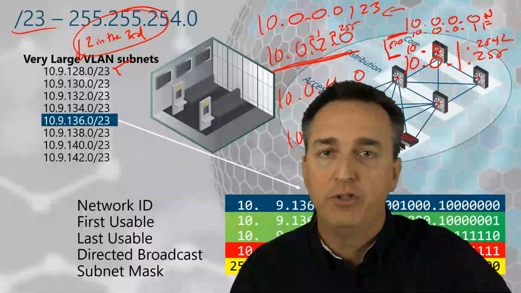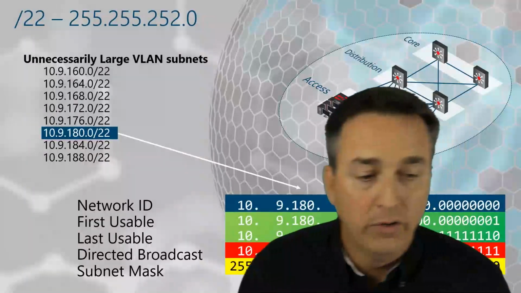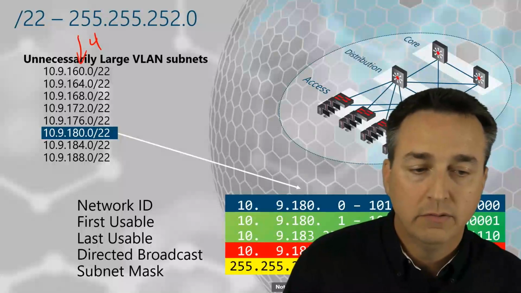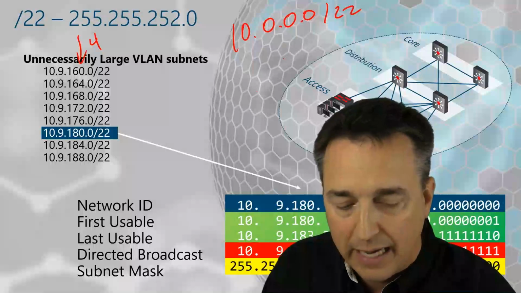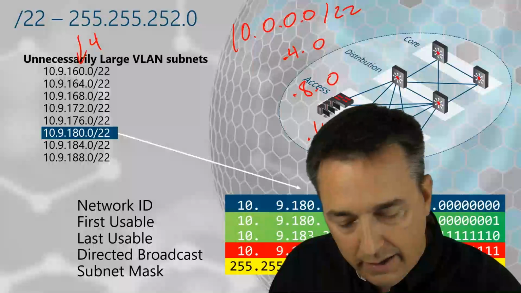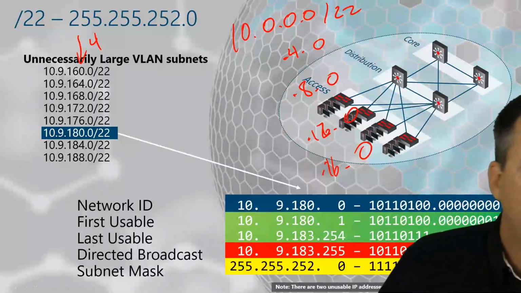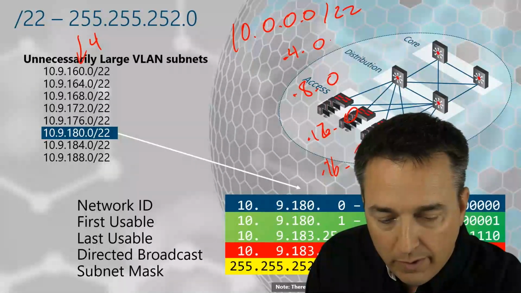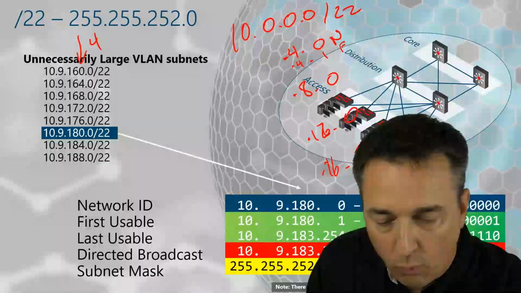So you see how this helps you figure out which addresses are usable in that range. Now with a /22, look at this: we're progressing by 4 instead. So 0, 4, 8, 12, 16. If we had 10.0.0.0/22, what's the next /22 subnet? It would be 4.0, then 8.0, then 12.0, then 16.0, counting by 4. So if this is the network ID, the first usable would be .4.1.